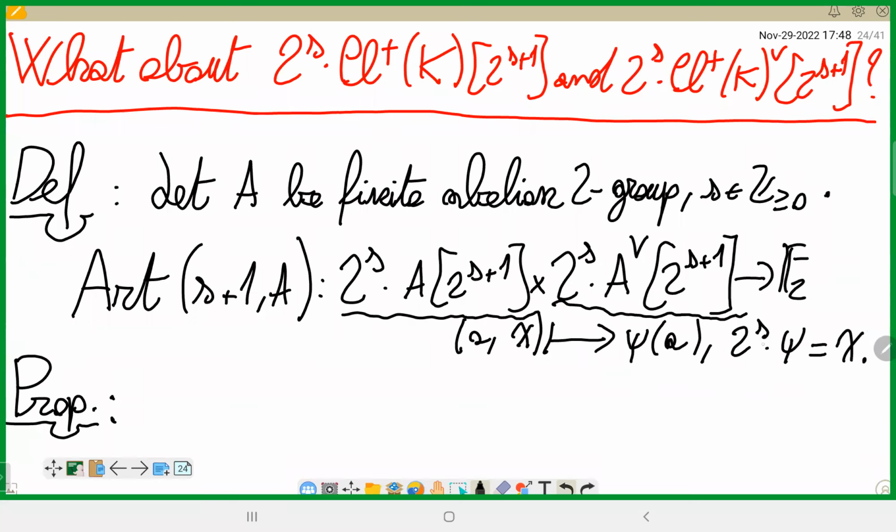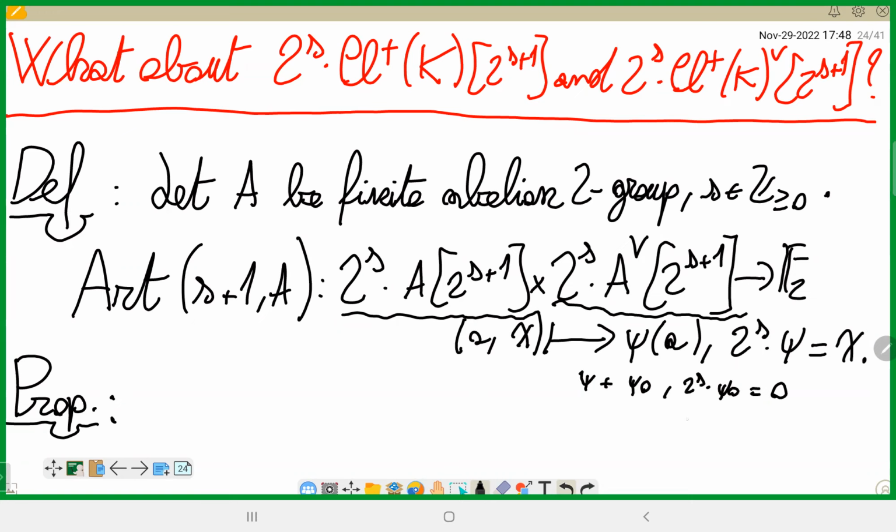And this doesn't depend on the choice of psi, because if you change the choice, you will change it by psi naught, with 2 to the s psi naught equal to 0. If you change the choice, that's the only way to change it.